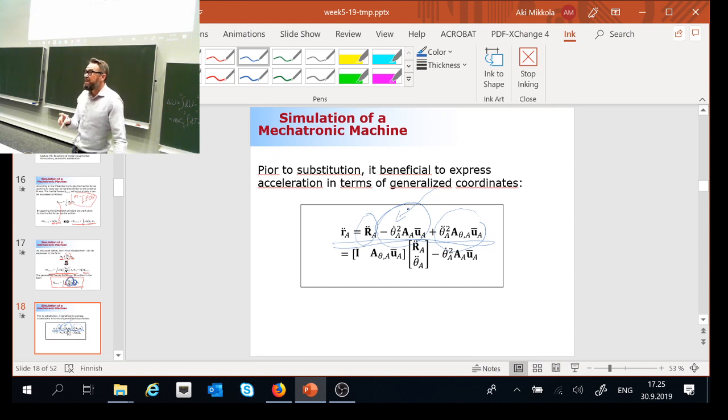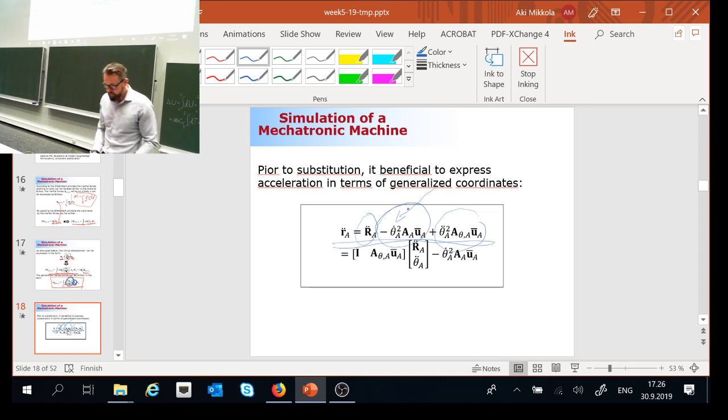The price we have to pay because of all these kinematics is that we have to deal with this complicated expression of acceleration that will be substituted into that previous equation. It will lead to 2 different components: one that is linearly associated with accelerations, another that is quadratically associated with velocities.